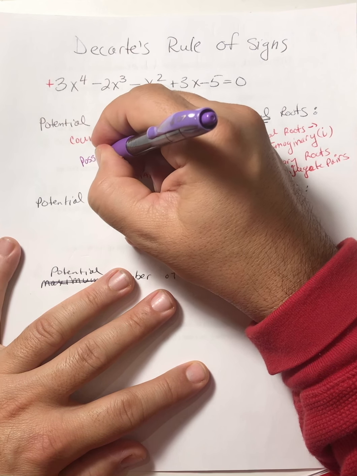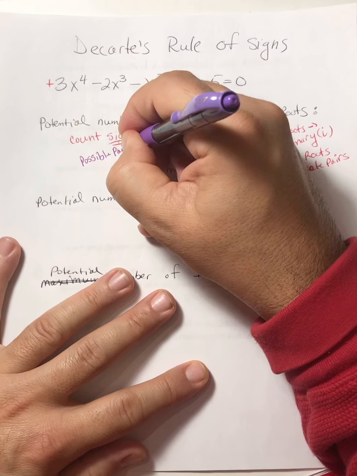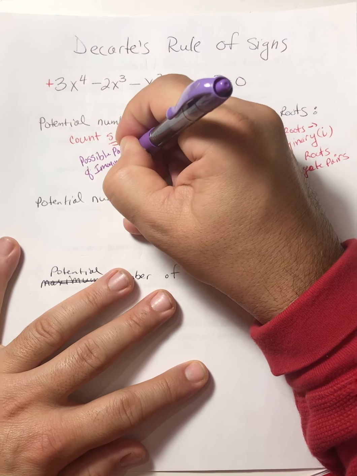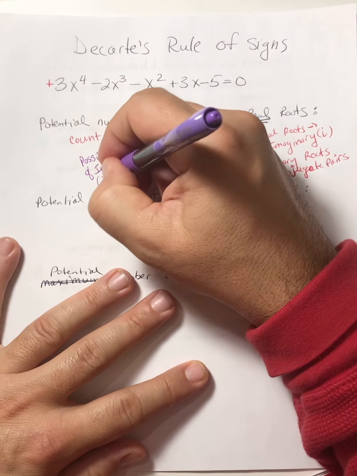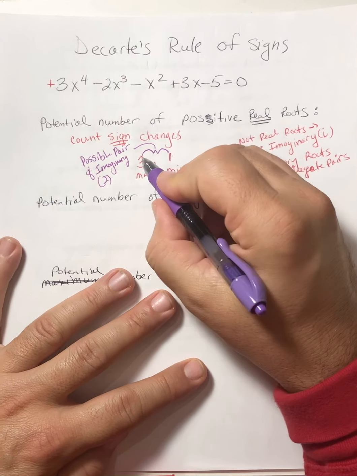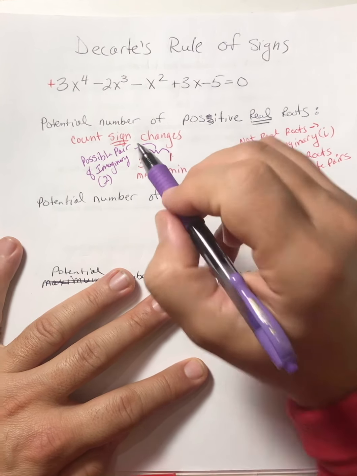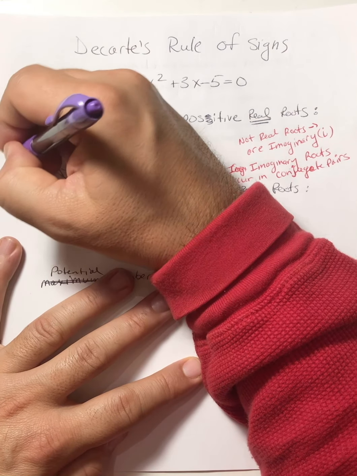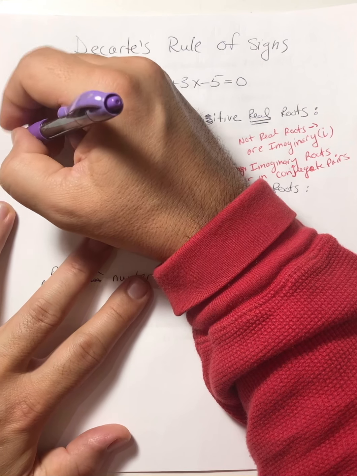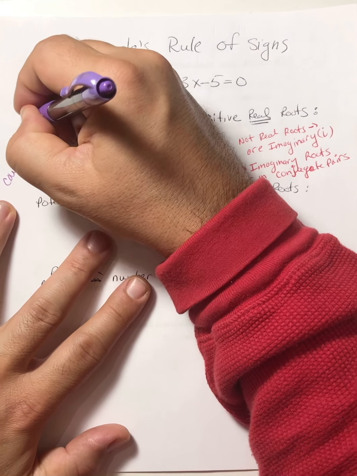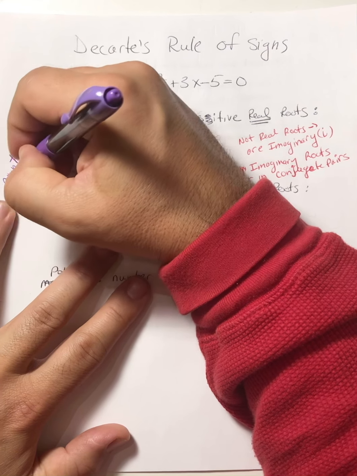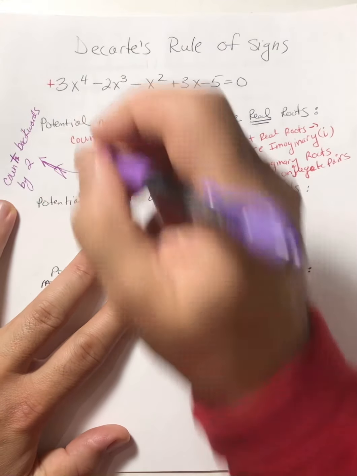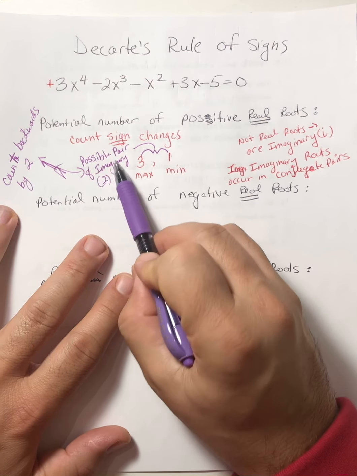That's why we count backwards by 2. So that takes care of your possible pair of imaginaries.